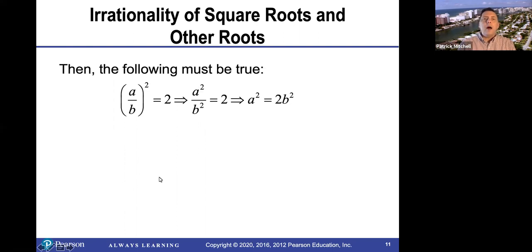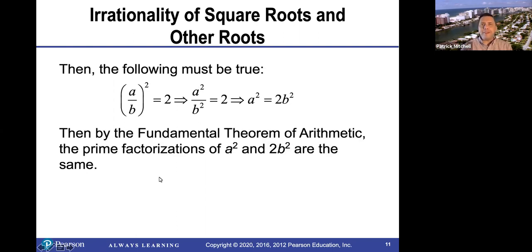Okay. By the fundamental theorem of arithmetic, remember that about prime factorizations? Because these two numbers are the same, a squared and 2b squared, their prime factorizations have to be the same. The fundamental theorem of arithmetic said that every whole number has a unique prime factorization.